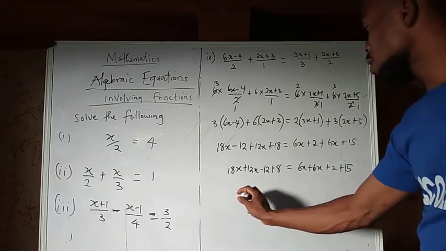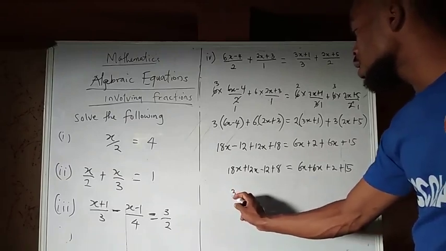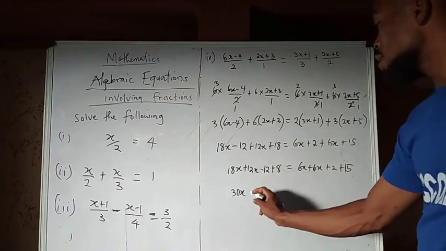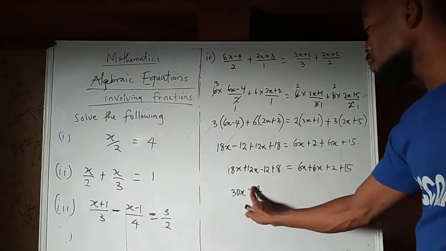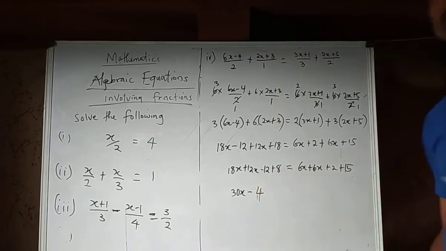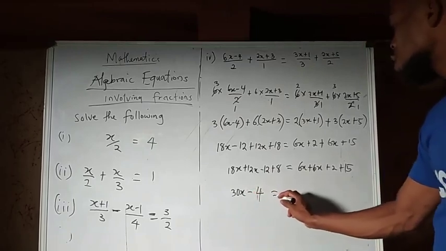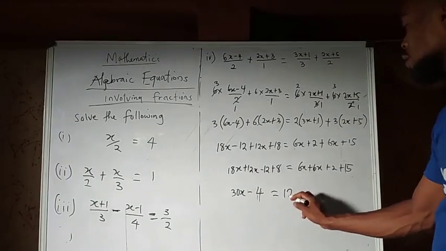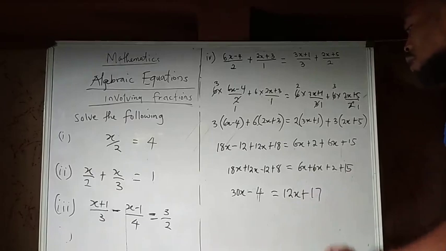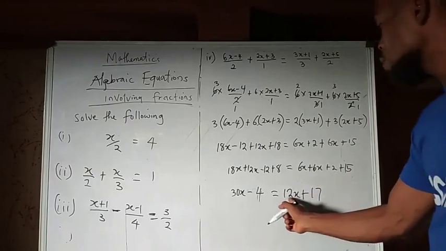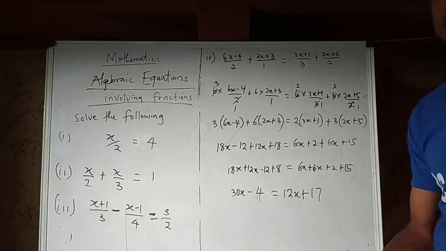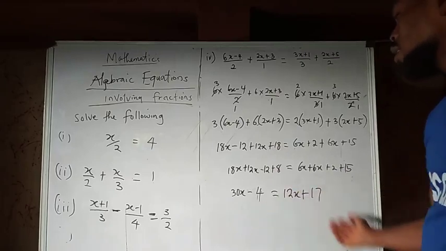18x plus 12x is going to give us 30x. Then minus 12 plus 18 will give us 6, which comes from directed numbers. So 30x plus 6 equals 6x plus 6x gives us 12x, 2 plus 15 gives us 17. Simply, we are going to move the variable terms together and the constant terms together.